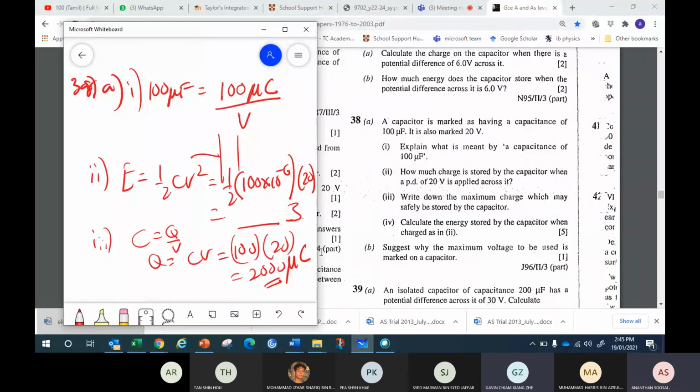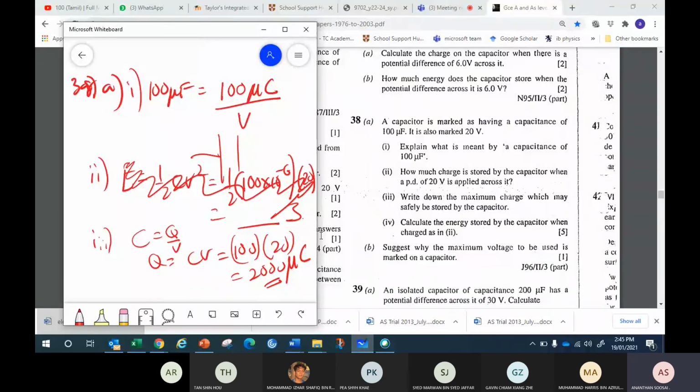Okay, 2000. So for question 2, they ask for charge, isn't it? Sorry, question 2, they ask for charge, right? How much charge is stored by the capacitor when a PD of 20 volt is applied across it?